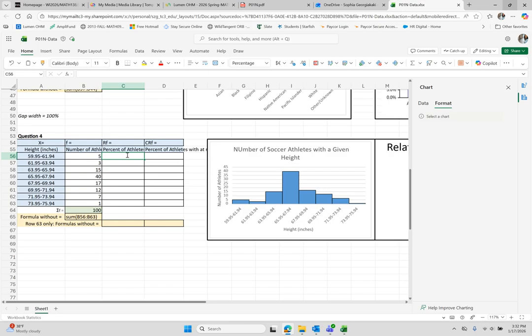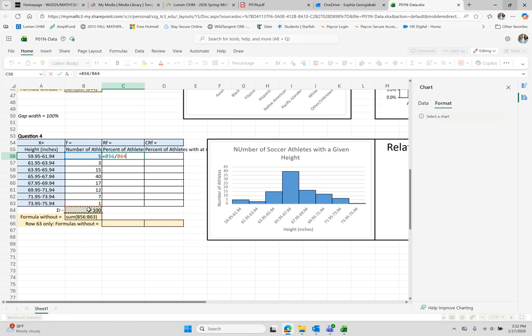Relative frequencies are fractions. They are proportions. To find the proportion, we divide the number of athletes in the current category by the total. The problem that we will have when we copy is that the denominator will move along with us.